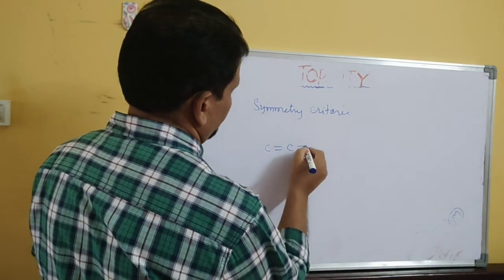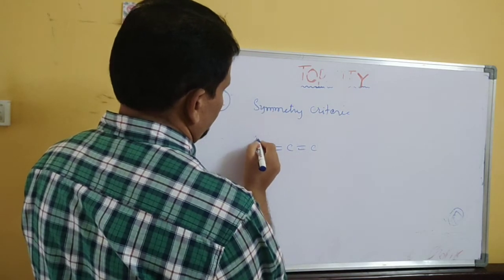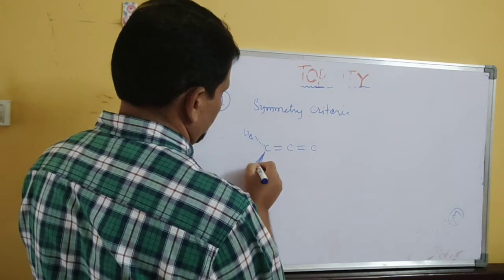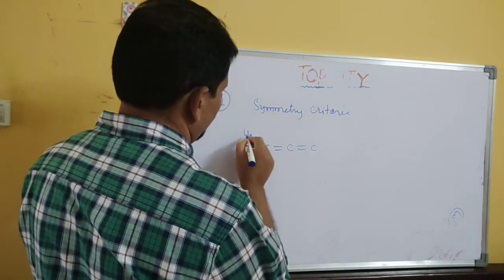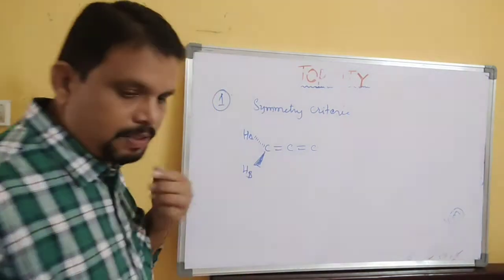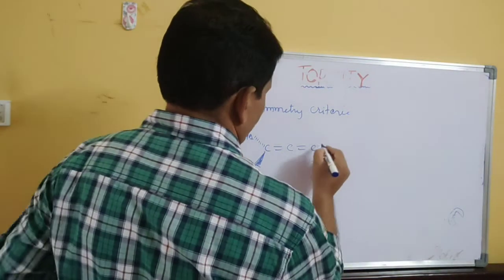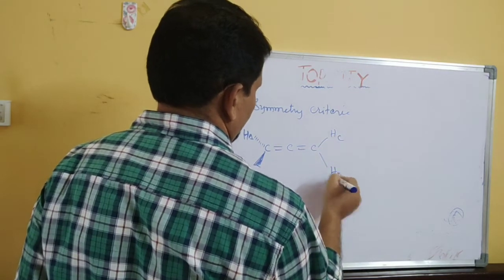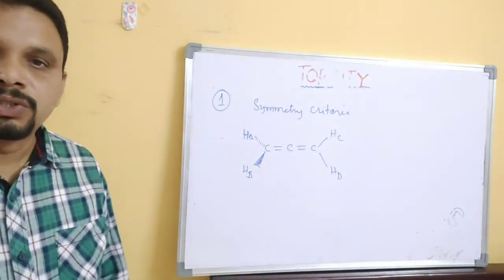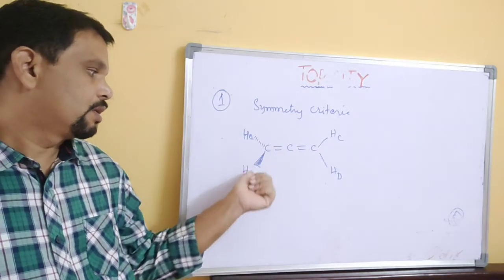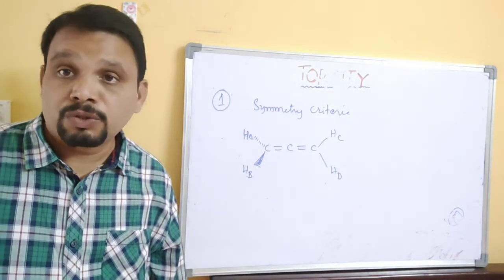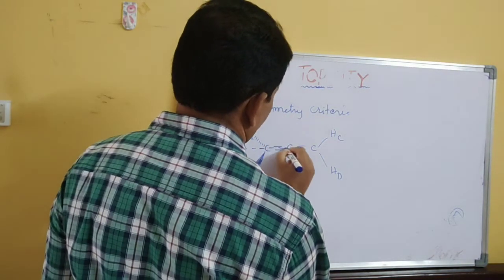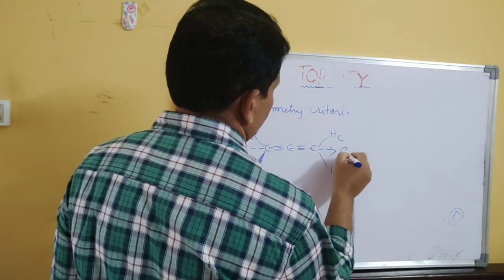So a diene, with HA, HB, HC and HD. What about these atoms or groups? Are they homotopic or not? This is the symmetry criteria, the CN axis.